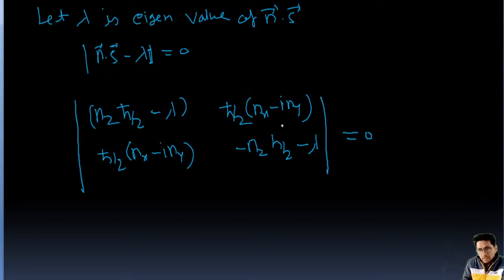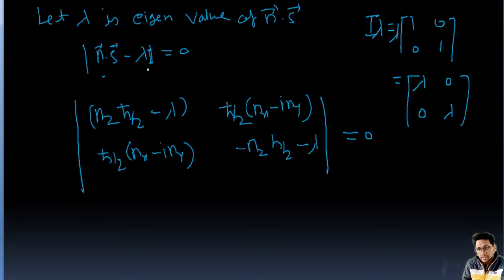This is 0, right? Because we have this matrix value and the lambda I value we know. This identity matrix is 1 0 0 1, and if we multiply by lambda, it is going to be lambda 0 0 lambda, right? Lambda I. So we have put this value here, and then we simplify, and we got this value, right? I hope you understood, guys.